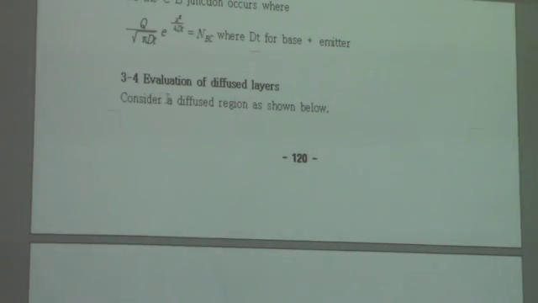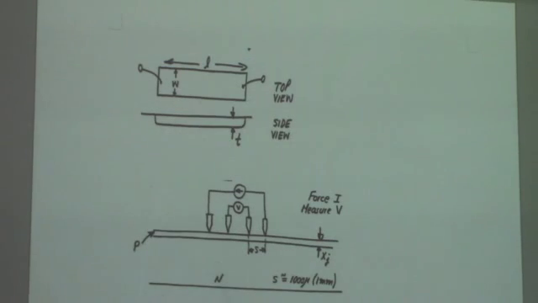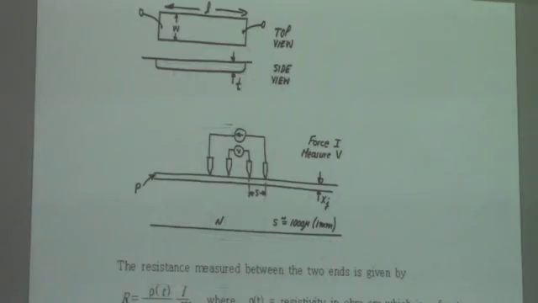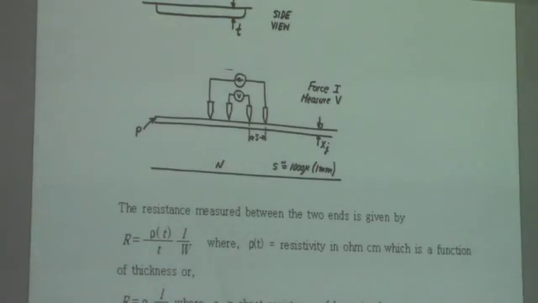Let's just discuss the evaluation of diffusion layers. If we have a square and everything else is masked with the silicon oxide, for example, and we have a square, length L, width W like this, in the top view and the side view, the junction depth is T here, then what you do is, this is a 4-point probe method, okay?